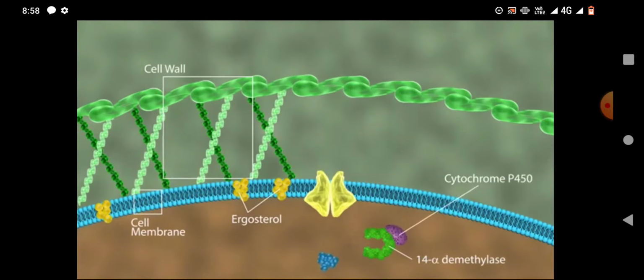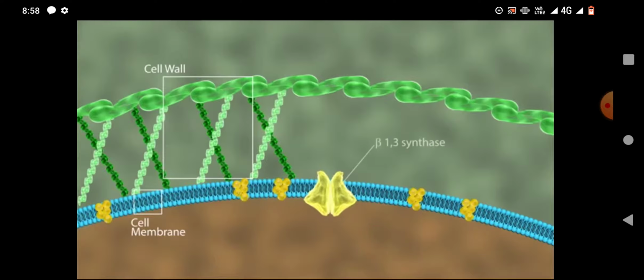Ergosterol is the major sterol synthesized by the 14-alpha demethylase enzyme that provides stability to the membrane. Glucan synthase complex, located in the cell membrane, is responsible for synthesis of beta-1,3 glucan chains. Elongation and cross-linking of the glucan chains with chitin imparts toughness to the cell wall.